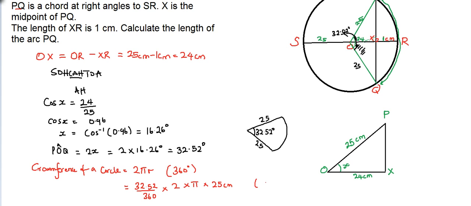So when we plug this into our calculator, we get 14.2 centimeters. That's the length of the arc PQ.